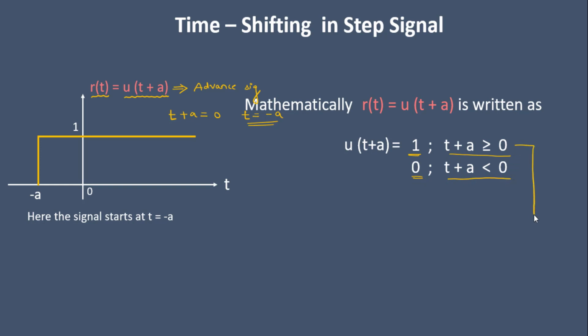Here also I can write this as u of t plus a is 1 for t greater than or equal to minus a, and it is 0 for t less than minus a. So both these equations are correct. You can use any equation as per your convenience. So this was the basic understanding of a step signal.